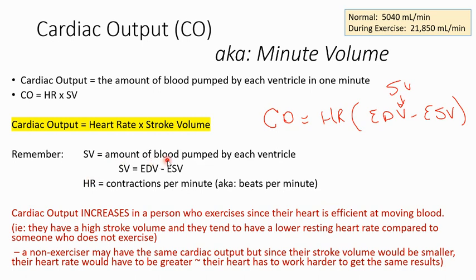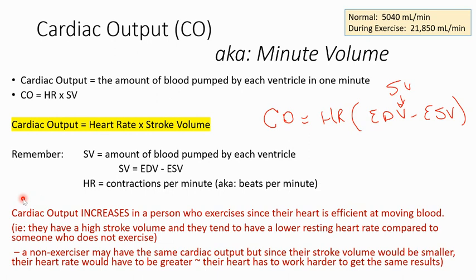Stroke volume is the amount of blood pumped by each ventricle. Heart rate is contractions per minute, beats per minute. When you multiply these two together, you get blood per minute. So know this information in red. You can see how many different ways I could ask this question, and that's why it's not so much memorizing the content, it's really understanding what's happening.